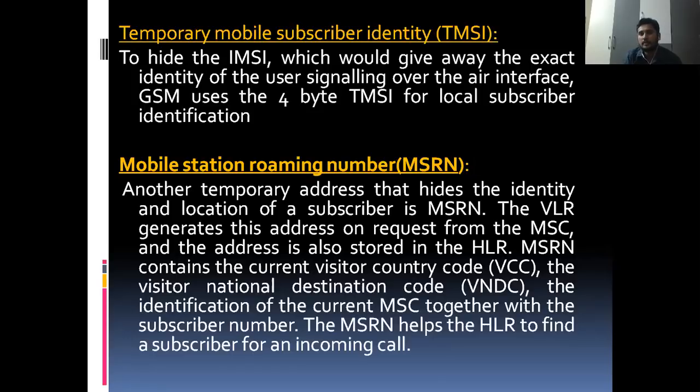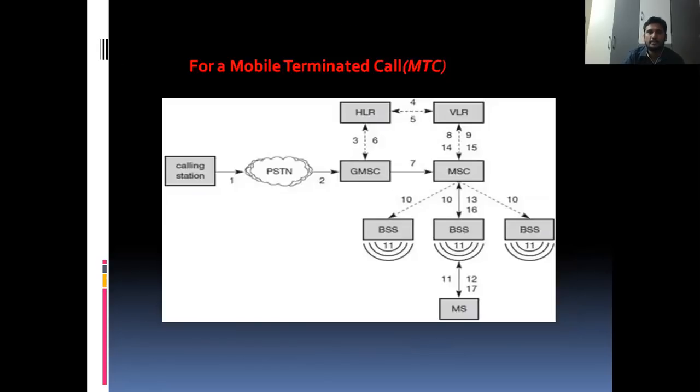So by using this MSRN, the incoming calls are moved. Let's watch this diagram. The calling station goes to the PSTN network. Step 2, GMSC. From here to step 3, HLR to the VLR. We already discussed HLR and VLR, the home location register and visitor location register.